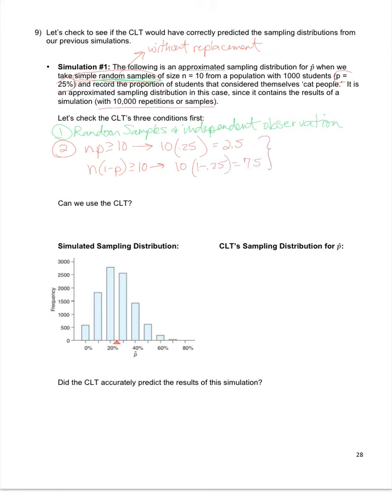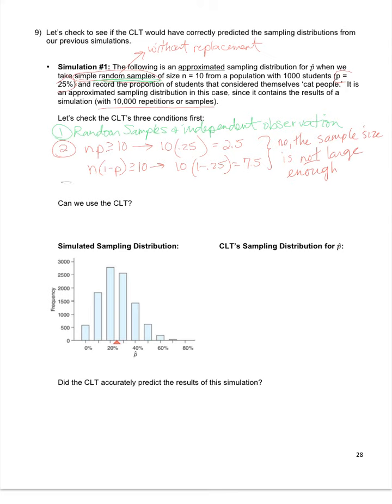All right, so notice here we would have to say no, the sample size is not large enough. Okay, and in most cases this is where we would stop and say we can't use the central limit theorem. Okay, but we're going to continue on just to see what happens if we incorrectly use it.